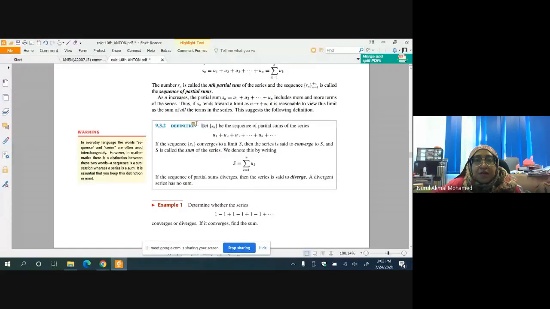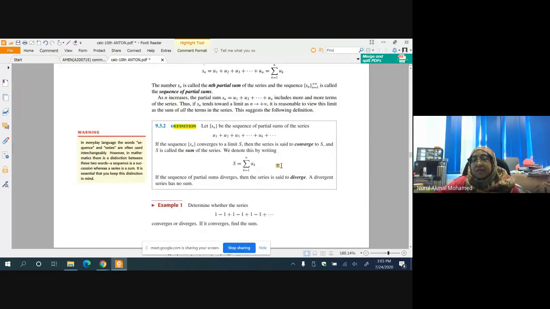Okay, and then we have the definition here. The definition says that if the sequence converges to a limit S, then the series is said to converge, and S is called the sum of the series. If the sequence of the partial sums diverges, then the series is said to diverge, and a divergent series has no sum.